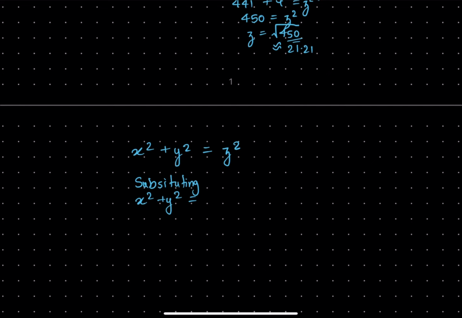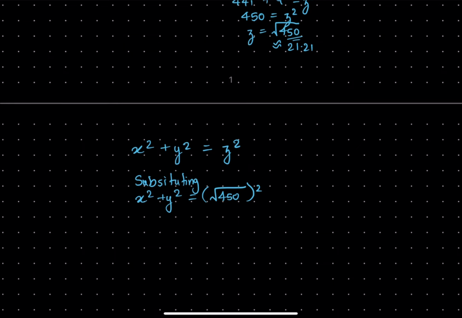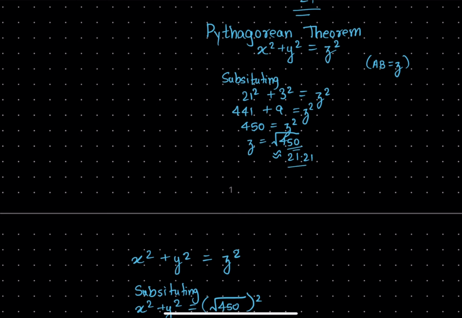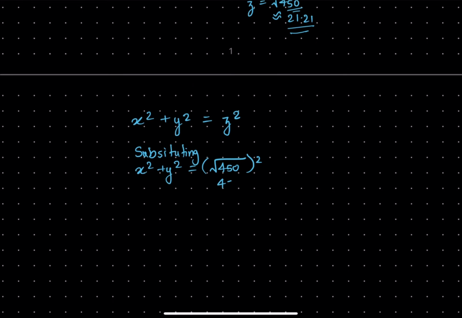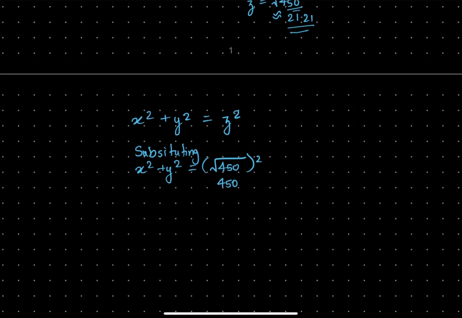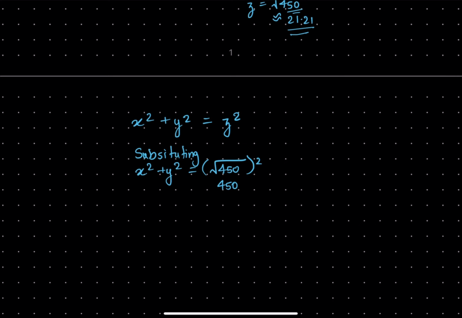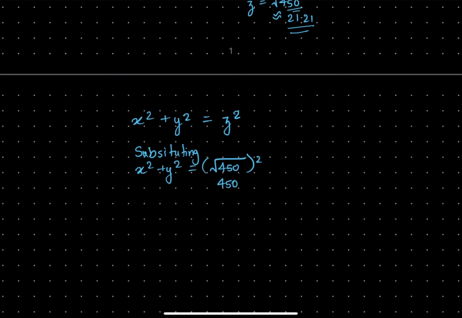So what is the square root of 450 squared? Well, if you looked at our previous result, which gave us 21.21, if you squared 21.21, you get 450. This is the reason why I didn't bother writing down 21.21, because if we square the square root of a number, we get our original number, which was inside the thing.